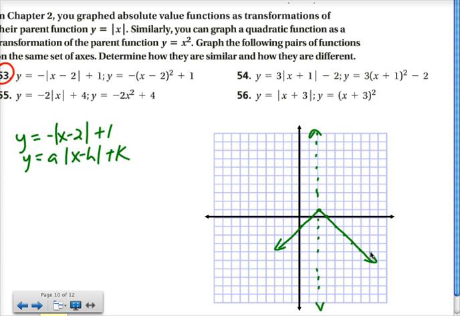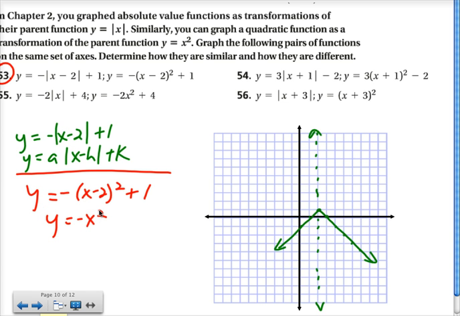And then I'm supposed to graph y equals negative x minus 2 squared plus 1. Well, for this one, we want to graph the parent function of y equals negative x squared first, and then we just want to move it. So you have to remember you had your negative 2, 4, negative 1, 1, 0, 0, etc. But we're just going to make those negative because this is reflected over the x-axis.